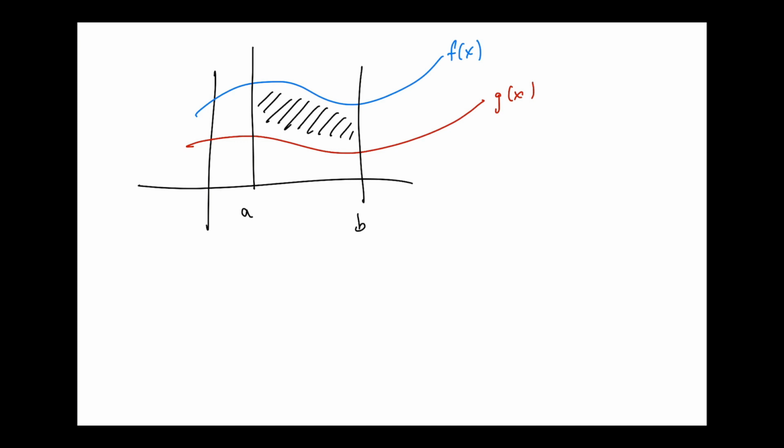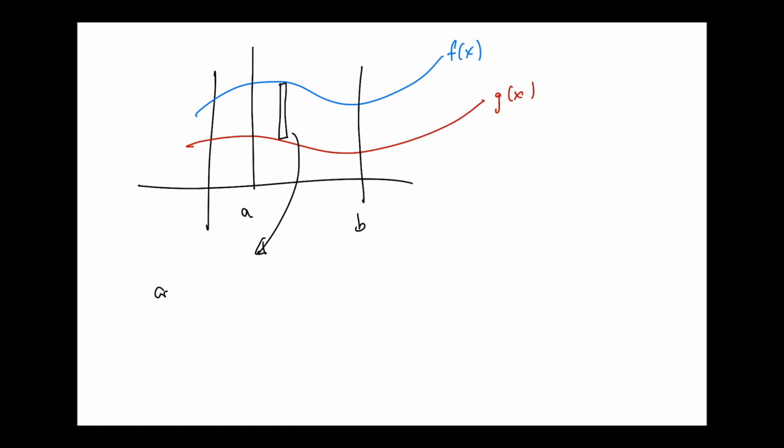Let me erase for the sake of what I'm about to do here. But what would I do to approximate the area? Well, could I draw a little slice between those two curves? And I could figure out what the area of that slice is.